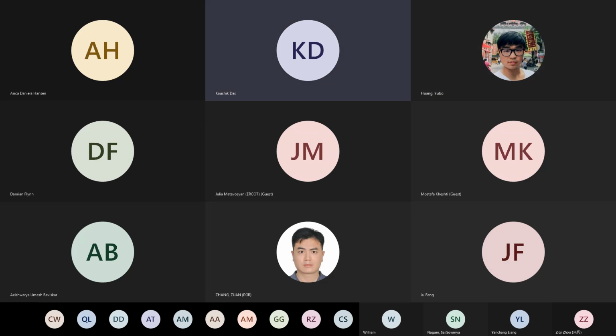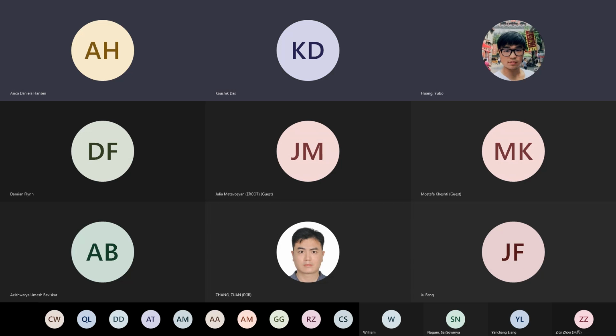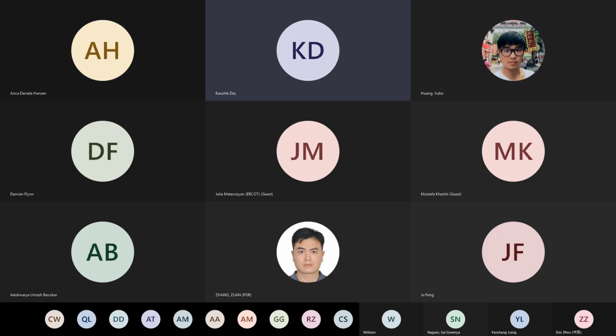Can you see the screen now? No. Then this time I will stop. Try to share only the application. How is it now?